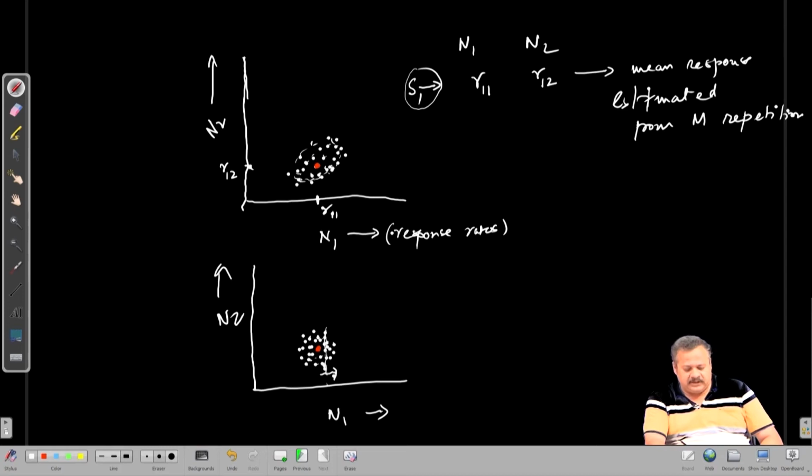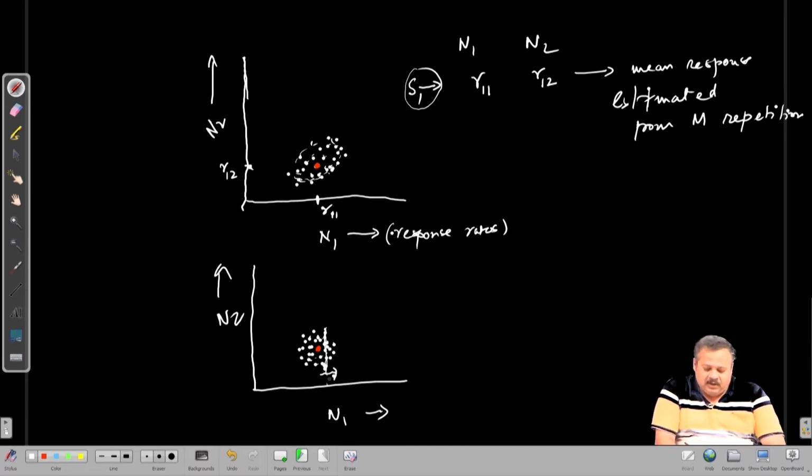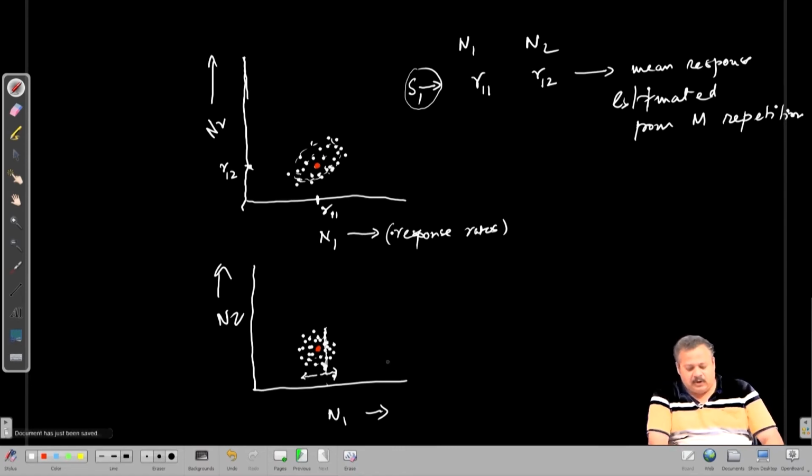That is, we see N2 being larger than the mean response of N2 as well as lower than the mean response of N2. Similarly, when we have a decrease in response of N1 from the mean, then in different trials we again see that N2 varies equally above and below the mean response of neuron 2.